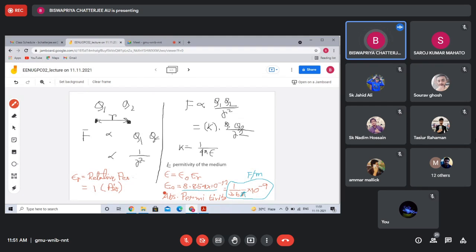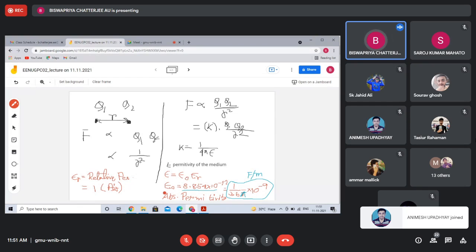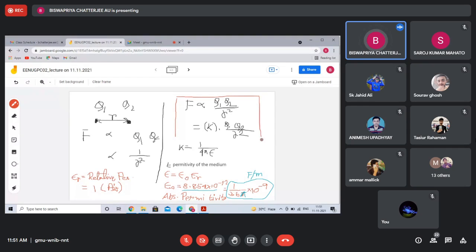So this is all about Coulomb's law. Coulomb's law states that if two point charges q1, q2 are separated by a distance r, then this is the mathematical formula to determine the force existing between 2 point charges.